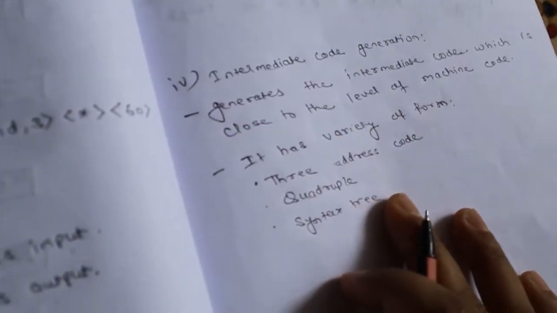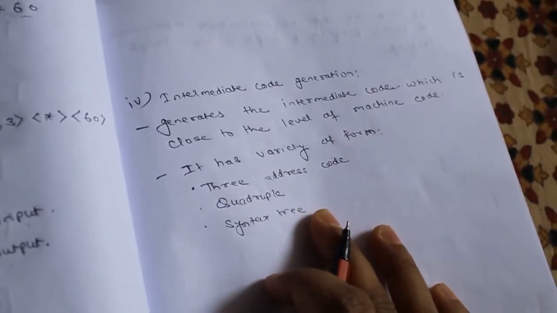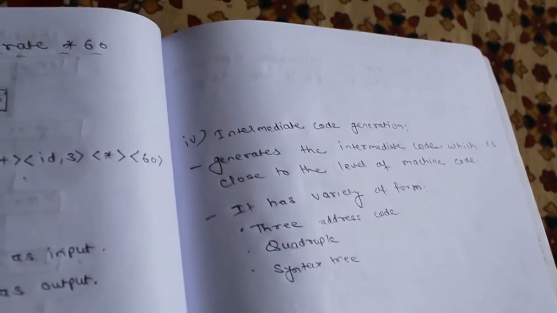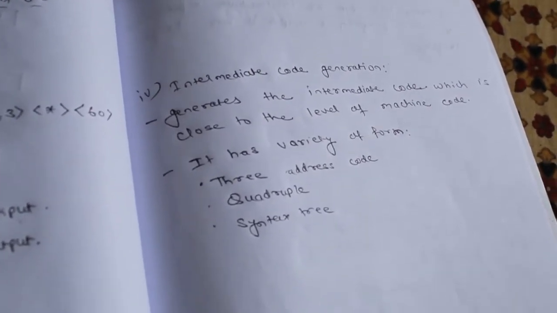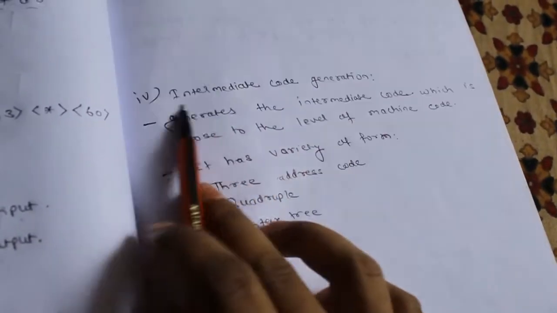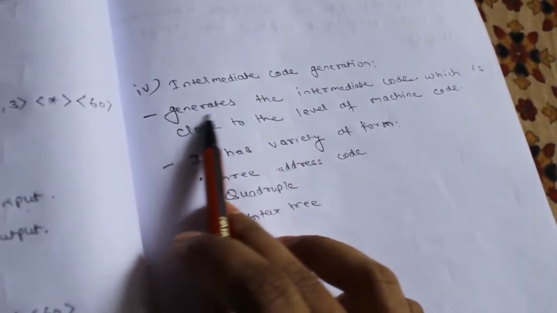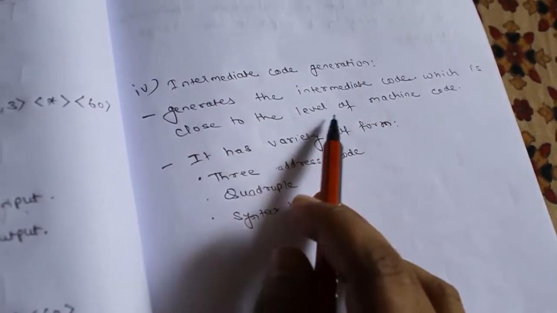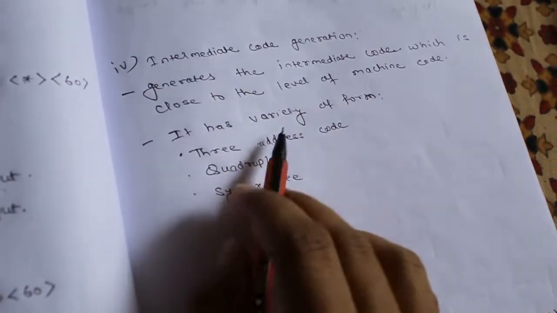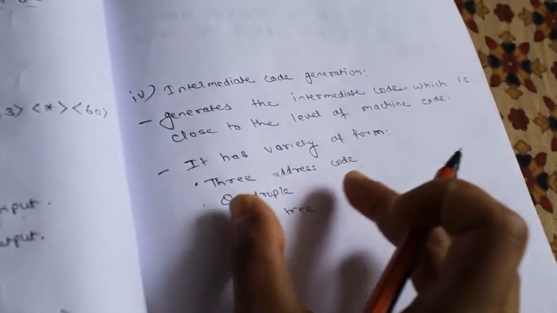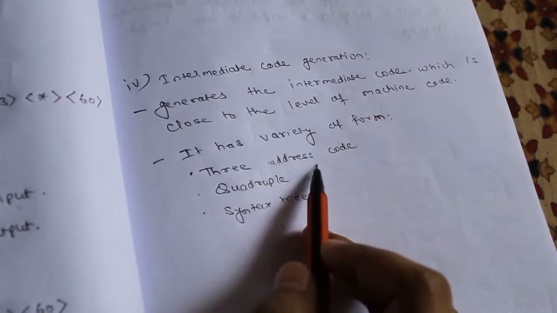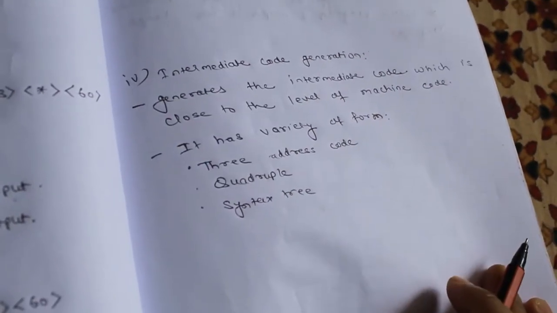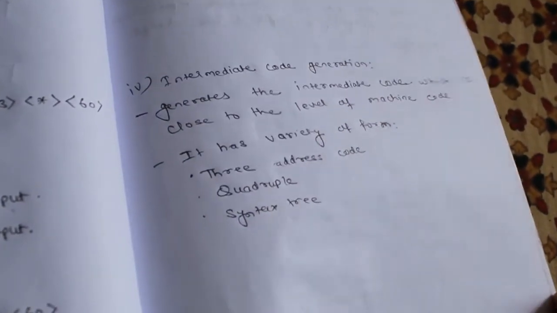Now the next phase of the compiler is intermediate code generation. So what actually is the intermediate code? Intermediate code is a kind of code which is easy to generate, and this code can be easily converted to the target code. This phase usually generates intermediate code which is close to the level of the machine code. It has a variety of forms: three address code, quadruple, syntax tree, which we will study in the next classes.